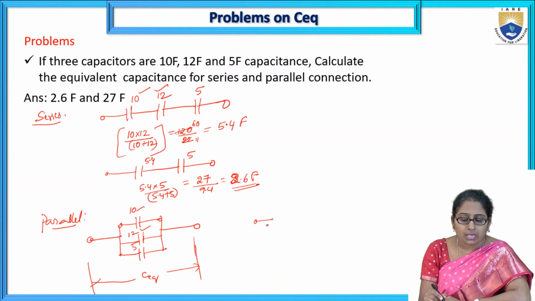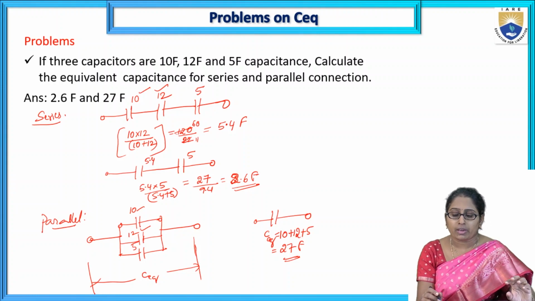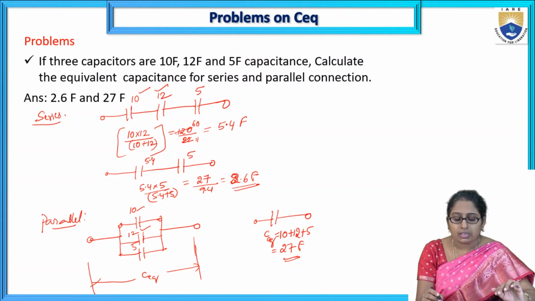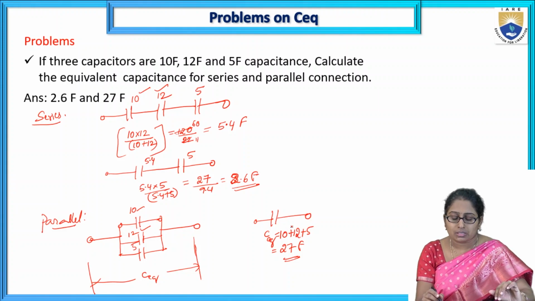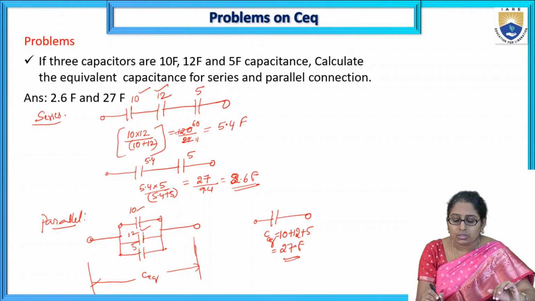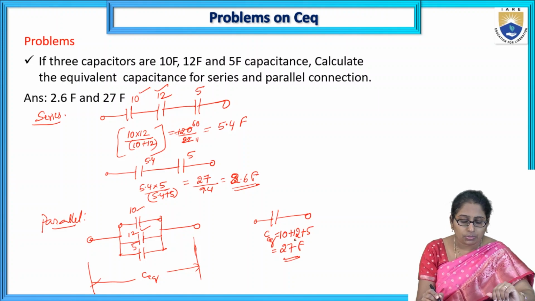So when a number of capacitors are in parallel, the equivalent value is given by 10 plus 12 plus 5, whose value is 27. For the given three capacitors, 10 farad, 12 farad, 5 farad, the parallel connection is given simply by the sum of the three capacitors, so finally 27 farads.